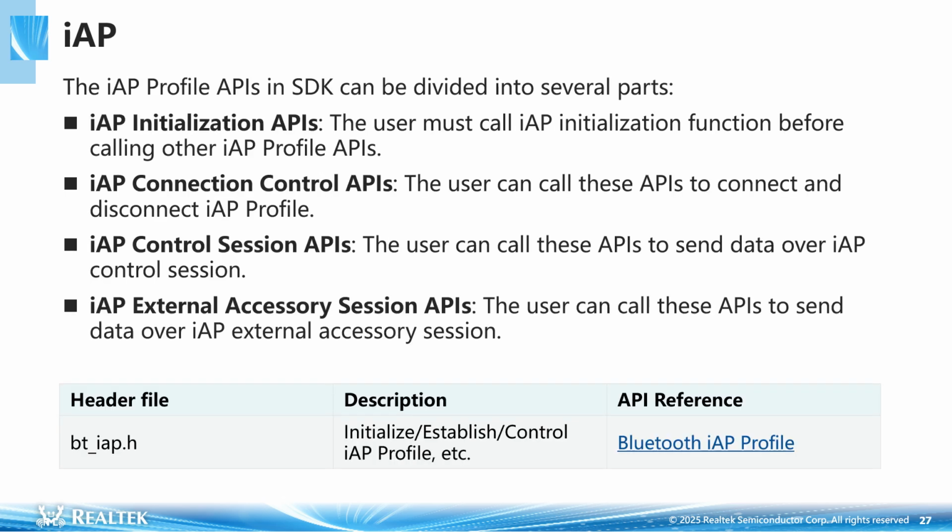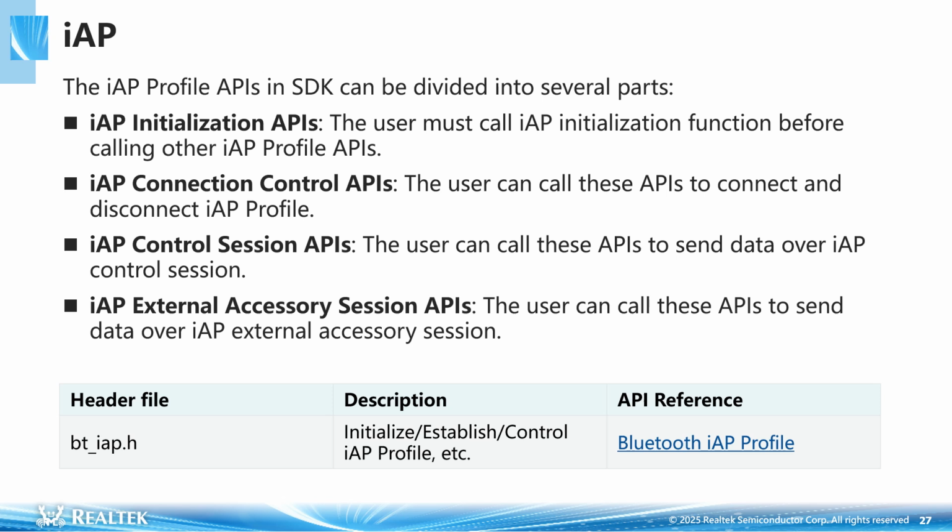The IAP profile APIs in SDK can be divided into several parts. IAP initialization APIs. The user must call IAP initialization function before calling other IAP profile APIs. IAP connection control APIs. The user can call these APIs to connect and disconnect IAP profile.